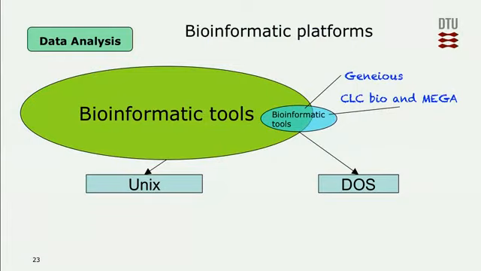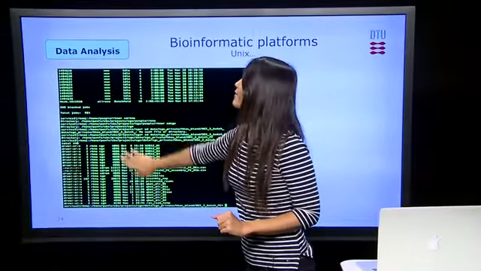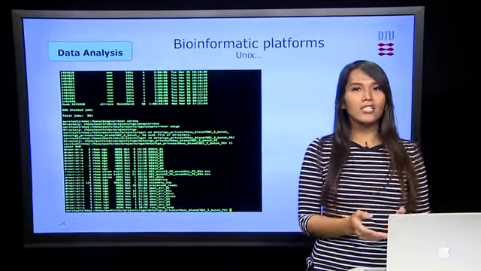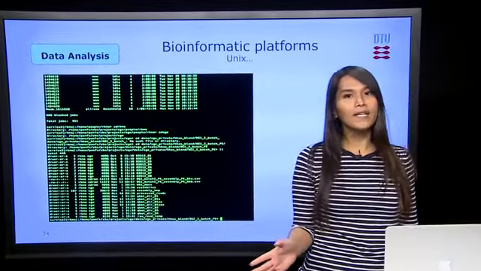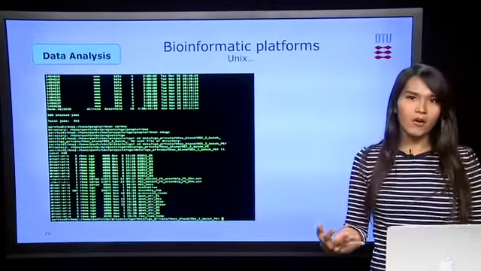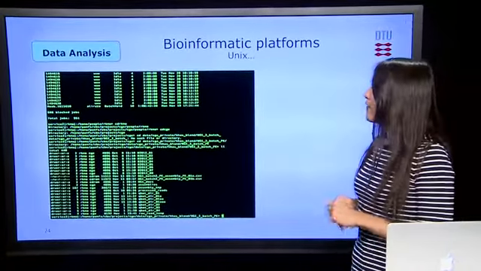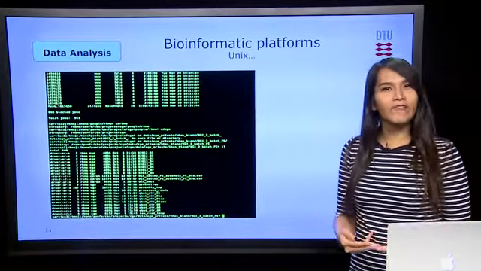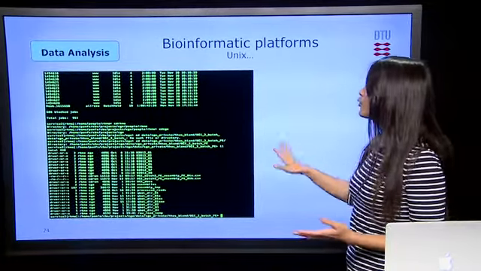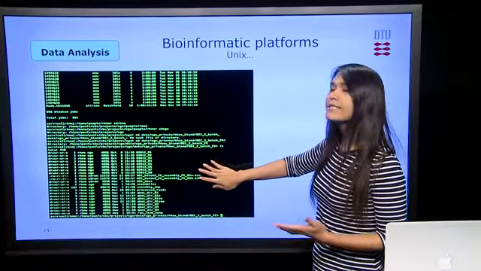Only a few of them are available on platforms that you can use in Windows, with a user interface. But as I told you, a lot of the tools are in Unix and it looks like this. And of course, as a biologist or microbiologist or anyone that doesn't have any math skill, using the computer command line in Unix is going to be very complicated and difficult.